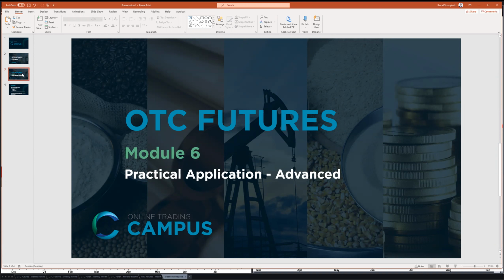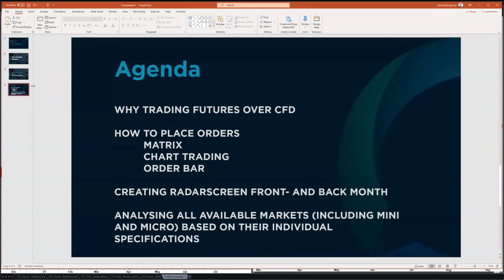This is how to apply everything on the TradeStation chart. And so what are we going to do, not only today, but for the rest of the week? This is the last slide, and then we go immediately into the charting, into TradeStation, because it's practical application.